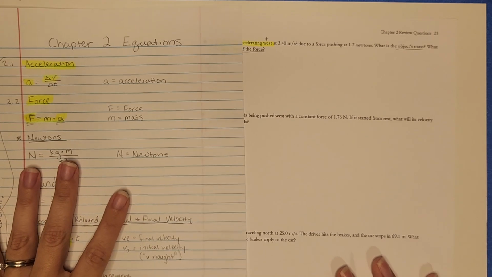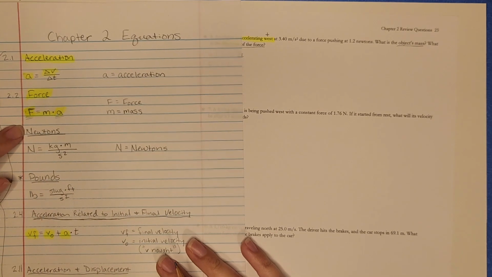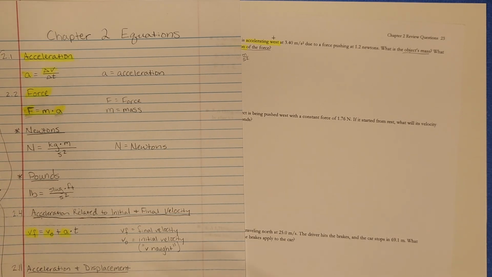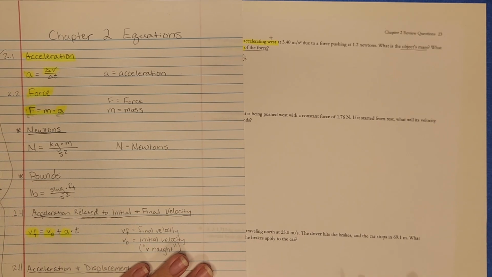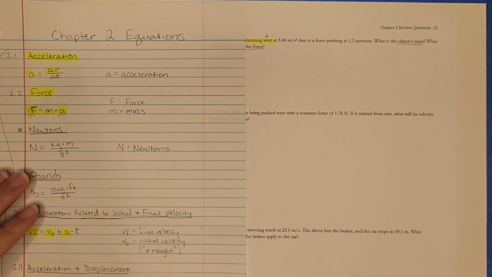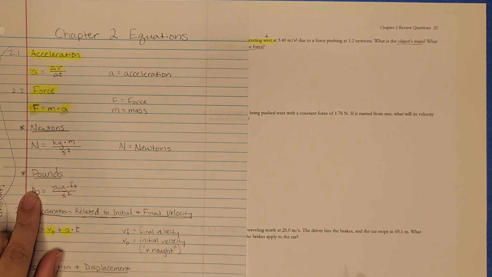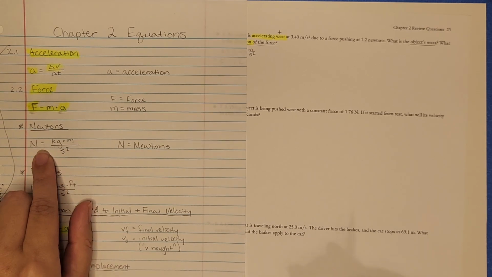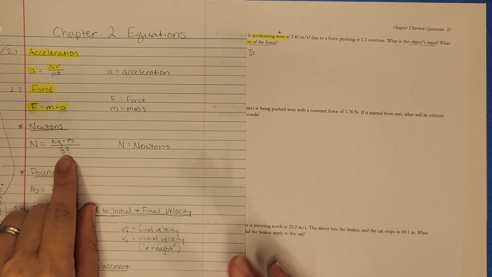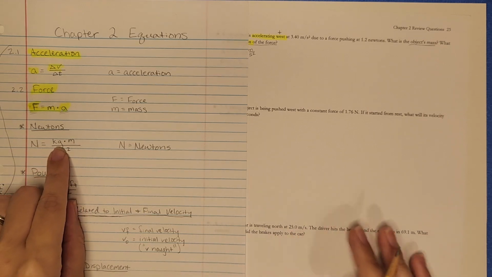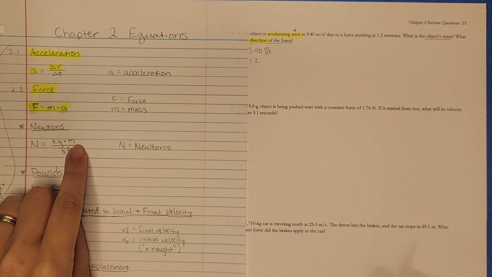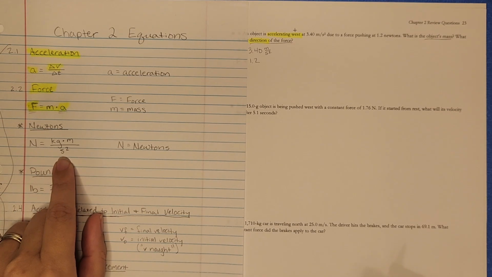Newtons and pounds are not one of the labeled numbered equations in the book, but they're going to be so important for being able to use these equations that I included them in this sheet. The units for newtons, if we break it down, are kilograms times meters per second squared.